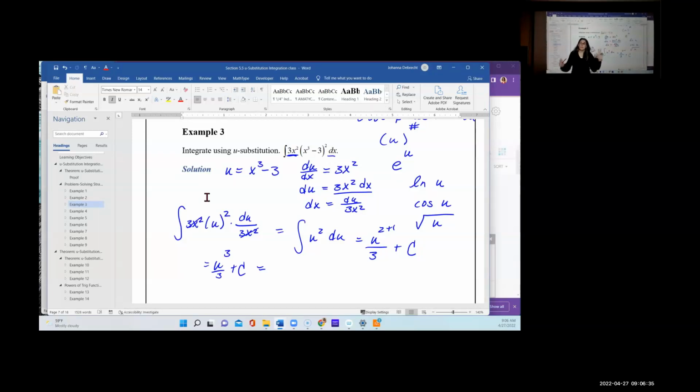And since it's dx, we need to return to x. So we back substitute for what u is, and this gives us 1/3, I'm pulling it out front, the quantity x cubed minus 3 to the 3rd power plus a constant. And that would be our solution right there, right? That is the antiderivative function for the original function.